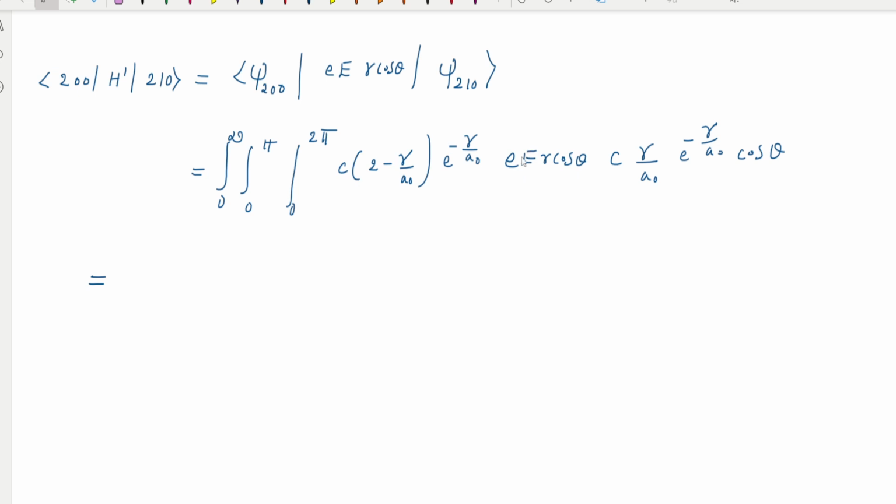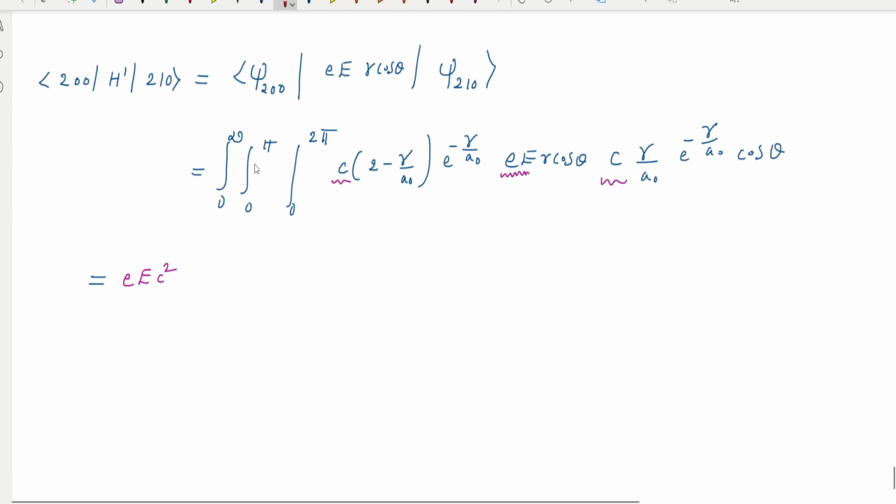Any constant values here? Here this a is constant. C also constant. e square is constant.